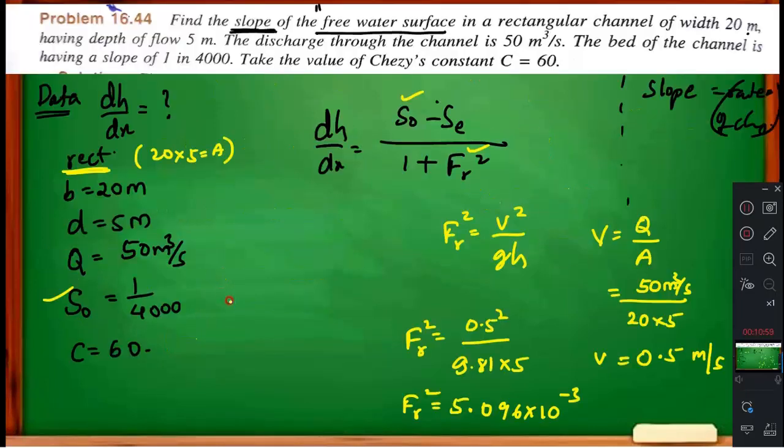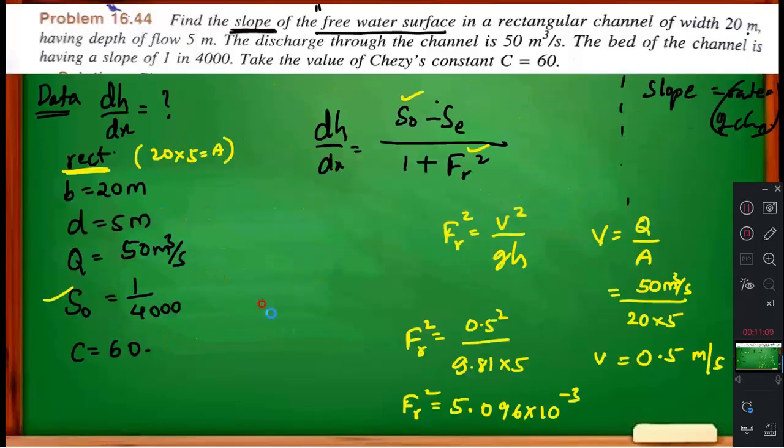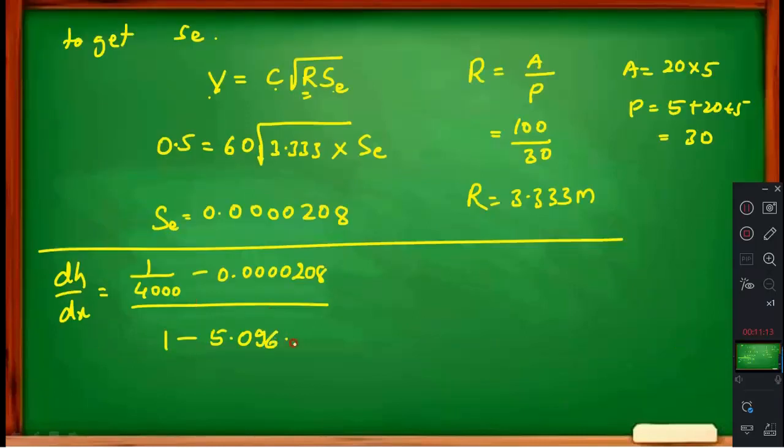Fr square is 5.09096 into 10 raised to minus 3. This is directly Fr square, don't square it again.